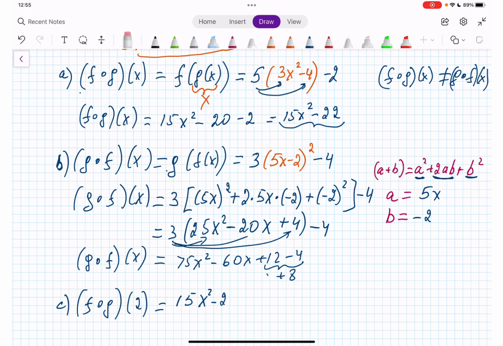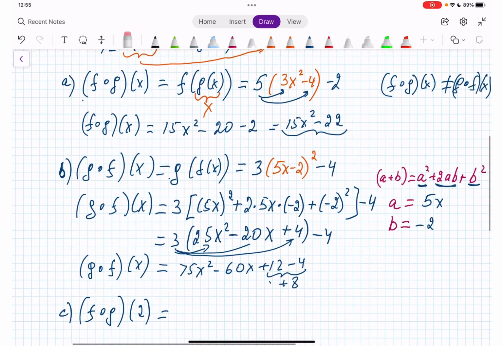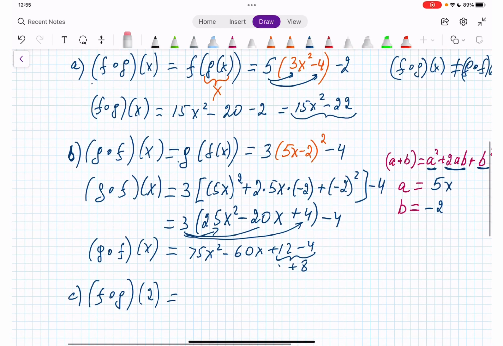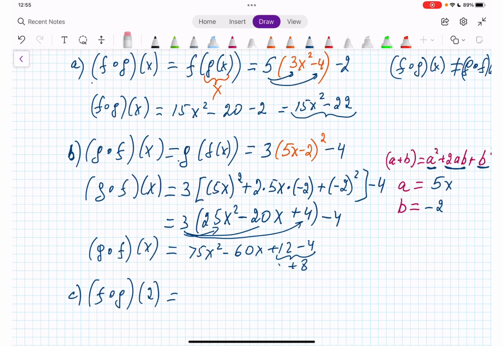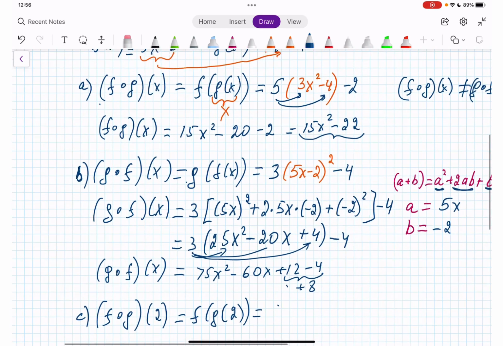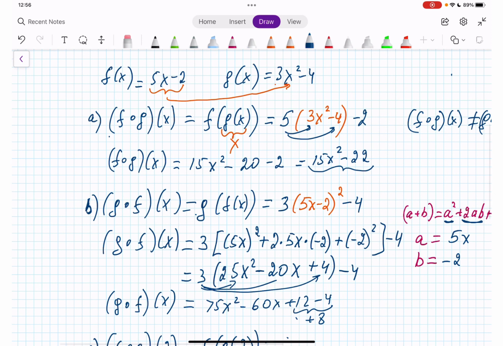Okay, well, let me write down from the beginning, just in case somebody gets confused. So what do we have? f, let me first write down f of g, instead of x I'm plugging 2 obviously, and we equal f. So instead, I'm plugging 3x squared minus 4, the value of g of x, into f of x.